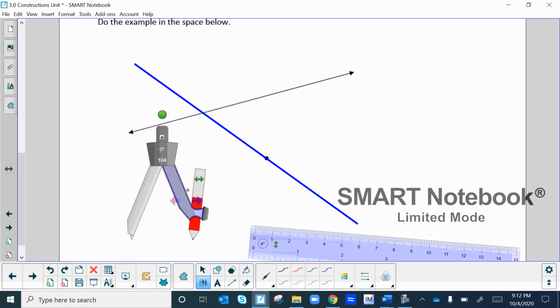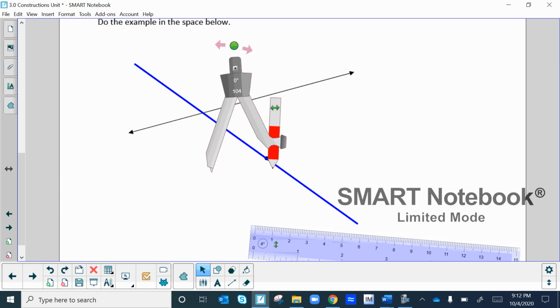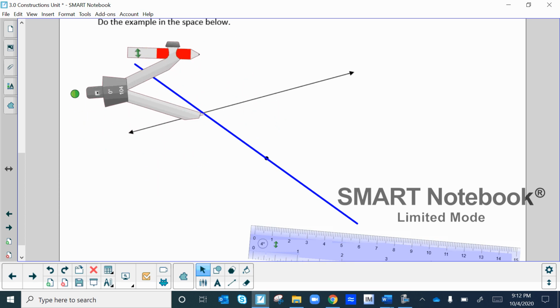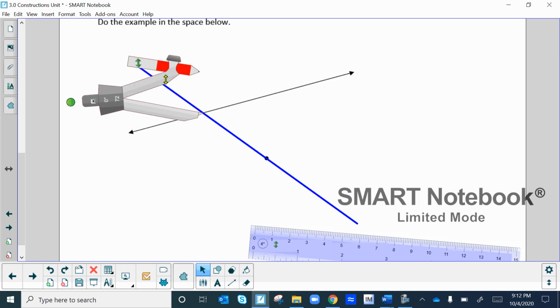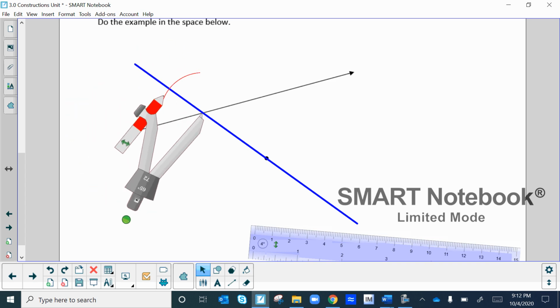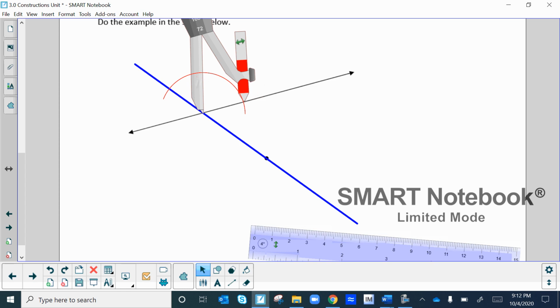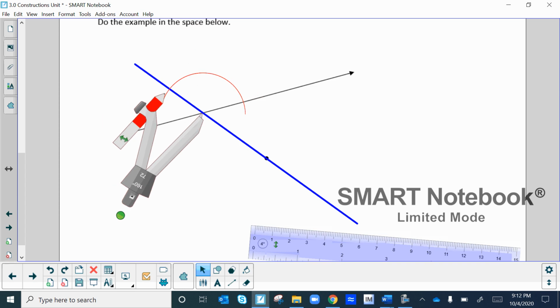All right, so let's copy an angle. I'm just going to copy this big obtuse angle up here. Okay. And I'm going to make an arc on that big angle up here, okay?